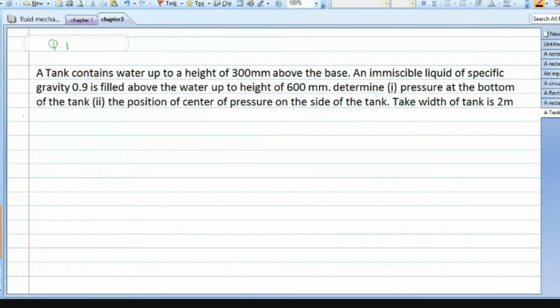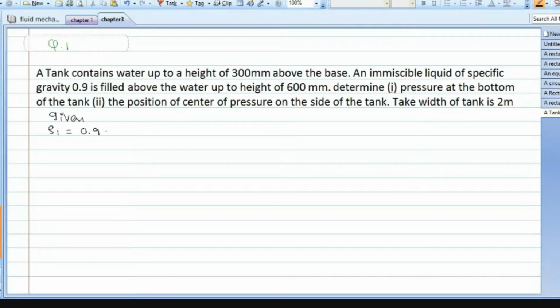So students, here first we need to write down the given data and then we plot the diagram. Here two fluids are there. One is water, so let us take the water as the second fluid, and the first is a liquid having a specific gravity of 0.9.